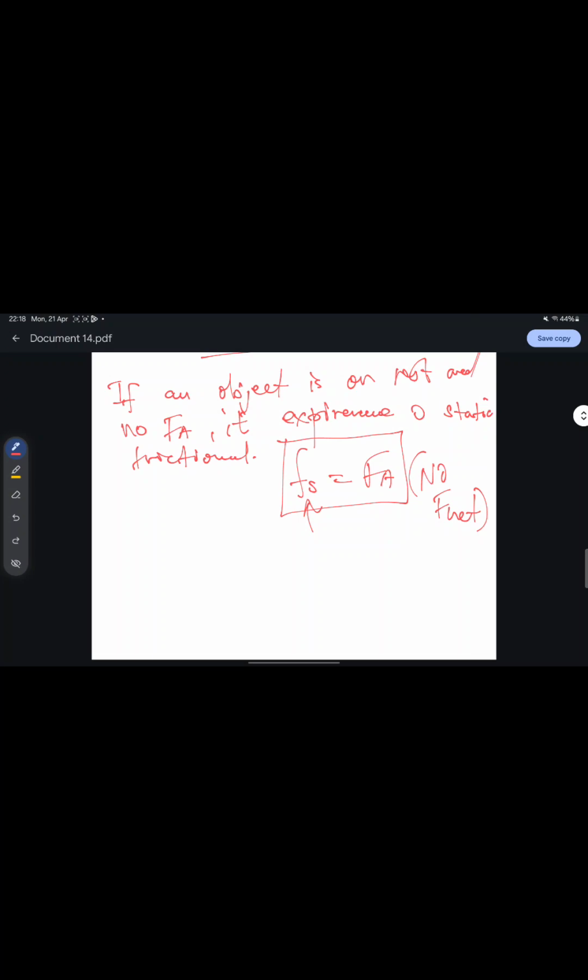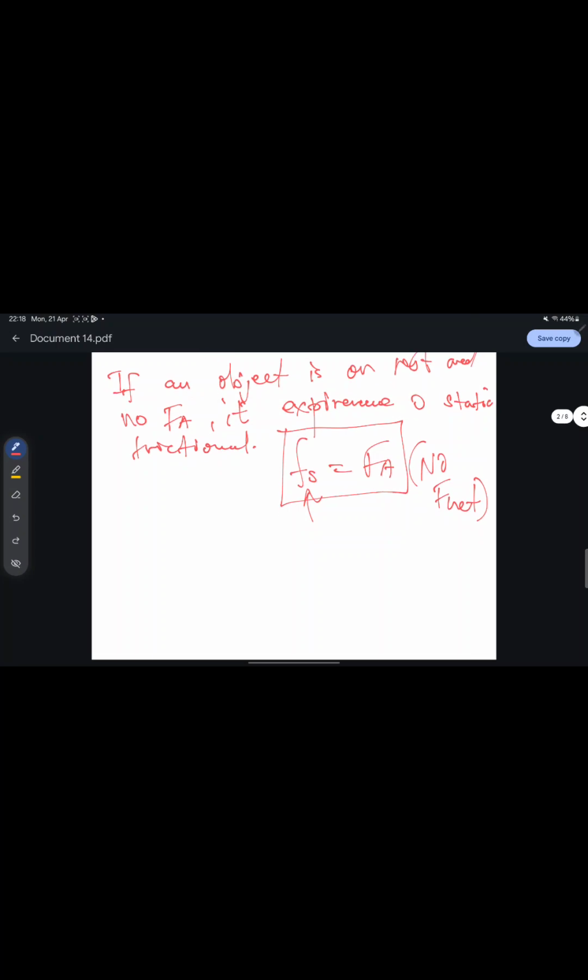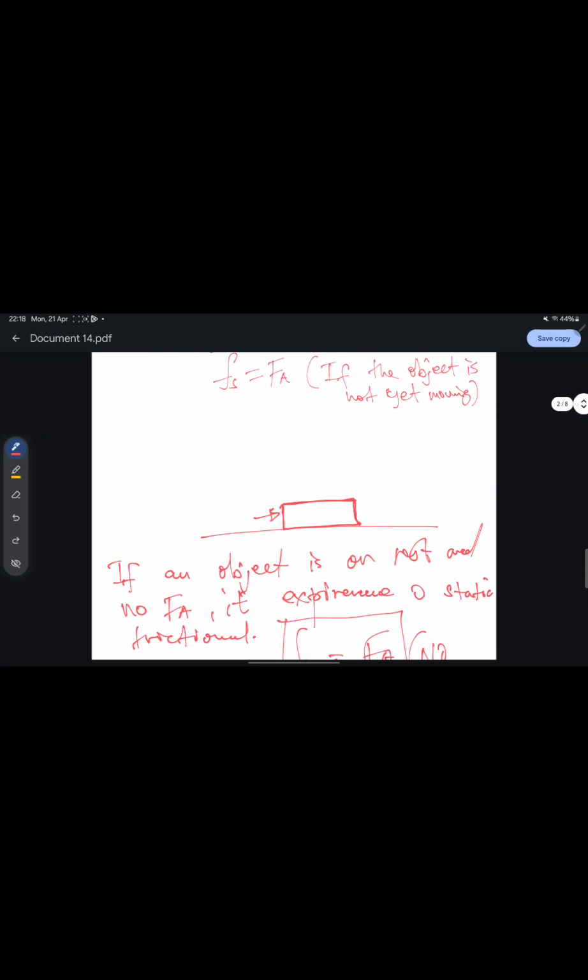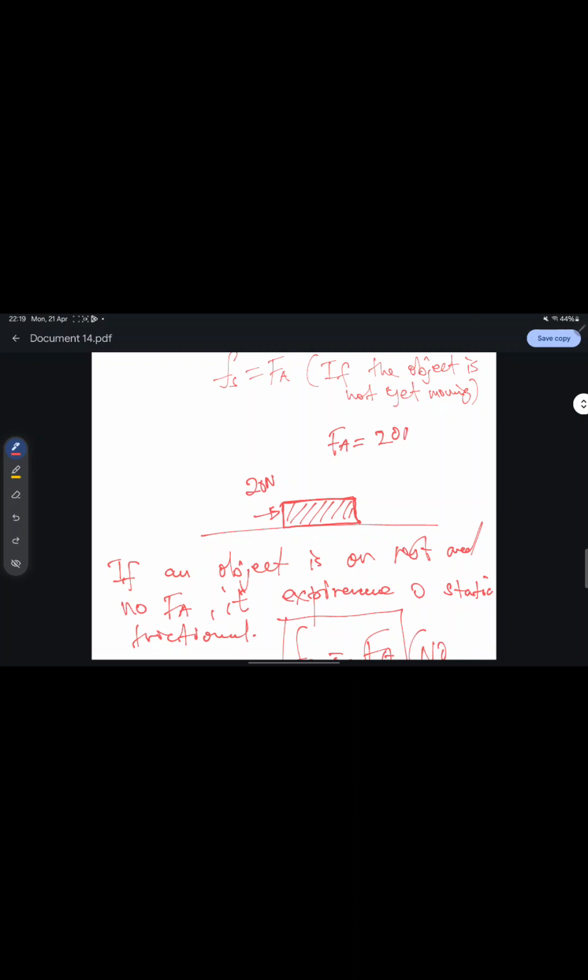So let's say I am applying 20 Newton here, and yet this block is not moving, which means my F applied is 20 Newton.